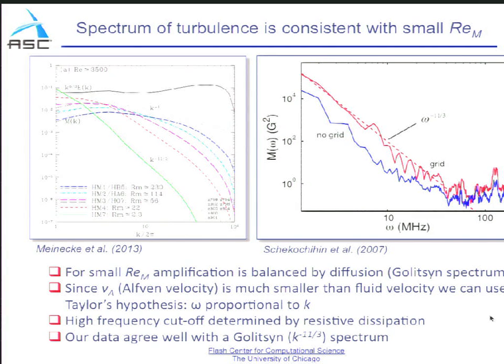If you have a low magnetic Reynolds number, so a lot of immediate dissipation of the magnetic field, then there is this power law, the Golitsyn spectrum, which is to the minus 11/3. With that, the Reynolds number is low, and you can actually measure where it flattens out what that magnetic Reynolds number is.